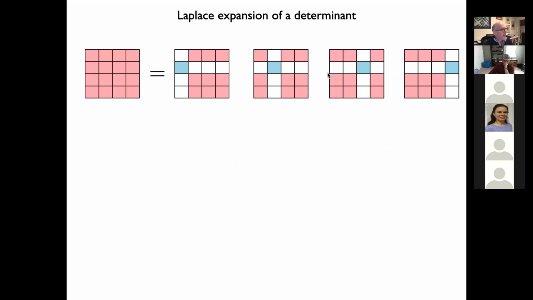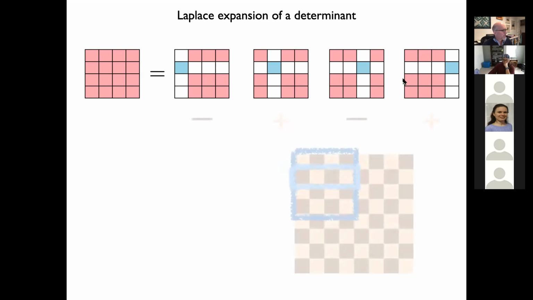When you do a Laplace expansion of a determinant, you can do it for a larger matrix, and you can do it for any row or column. So here I'm expanding the determinant of this 4 by 4 matrix using the second row, and then each one of these minors is 3 by 3. So we're going to have 8 terms come out of each one of these, and so there'll be a total of 24 terms.